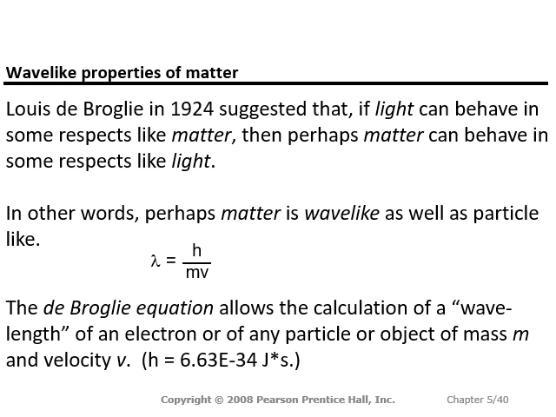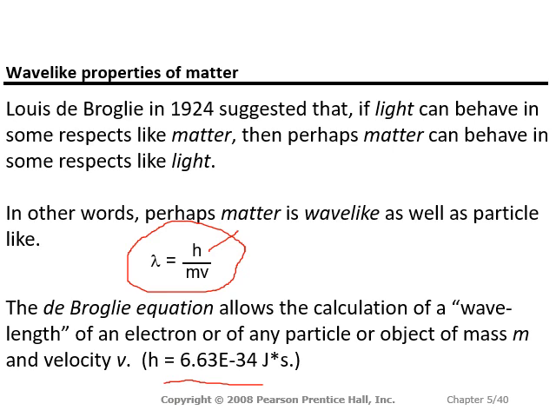So just to go ahead and get this out of the way, de Broglie suggested that the wavelength of some particle at the macroscopic scale could be calculated by taking the Planck's constant we talked about before, 6.63 times 10 to the minus 34 joule-seconds, divided by the mass of like the baseball times the baseball's velocity.